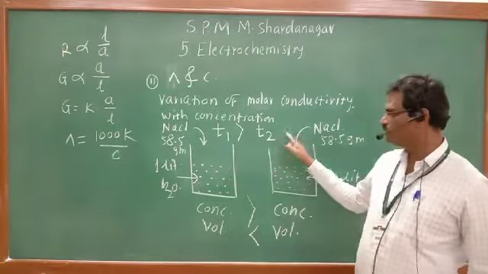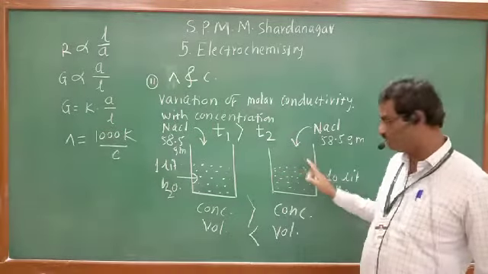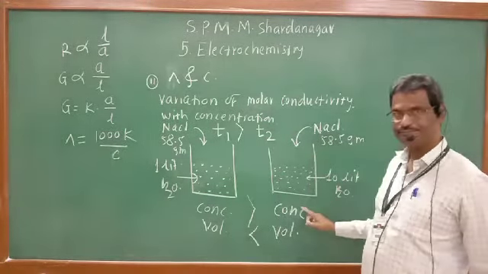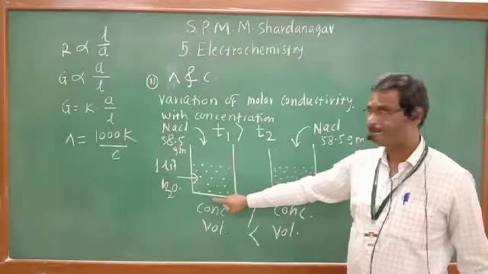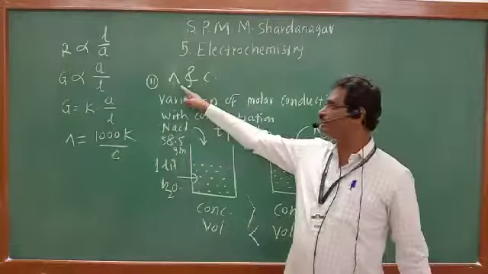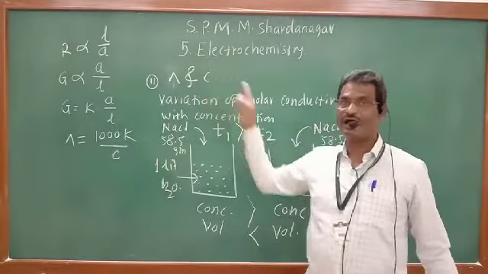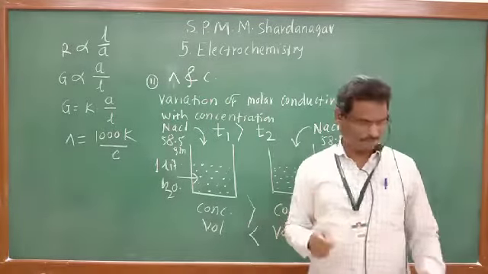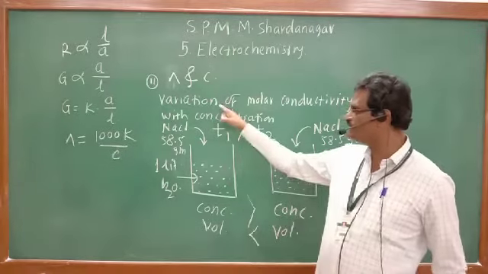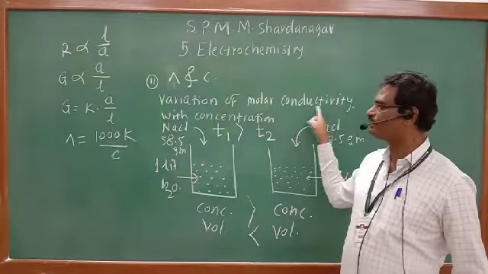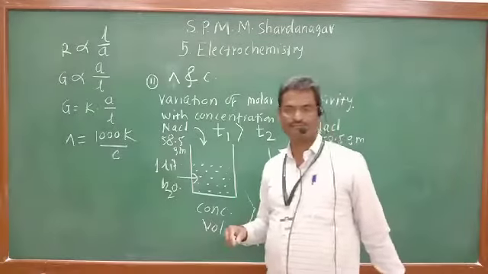So molar conductivity is greater but concentration less. Molar conductivity is less but concentration greater, means molar conductivity and concentration are inversely proportional to each other. So that is the variation of molar conductivity with concentration.